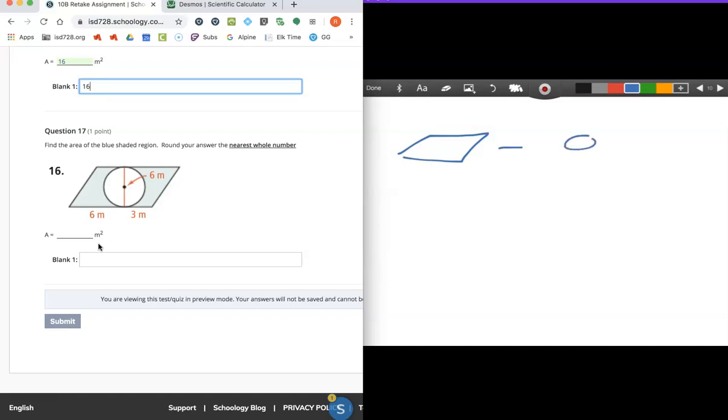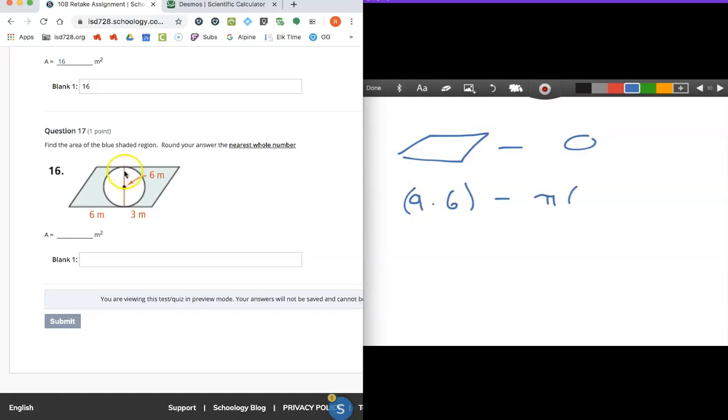Okay, the last one, number 17, is going to be the parallelogram minus the circle. Well, the parallelogram is still base times height. This one, we got to be careful. It says nearest whole number. So let's see what we have here. We have 6 and 3 as these pieces of the base, so we have a base of 9 when you add those together. And the height is 6. So 9 times 6, minus, for circles, we do pi r squared.